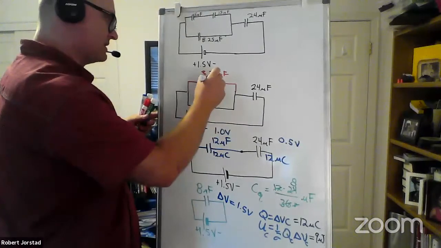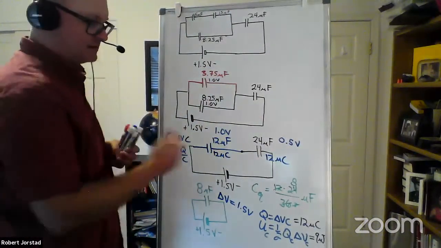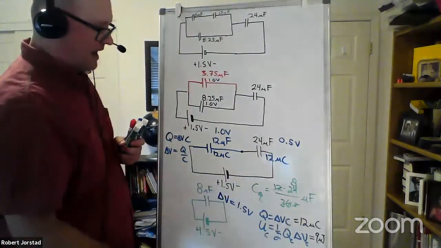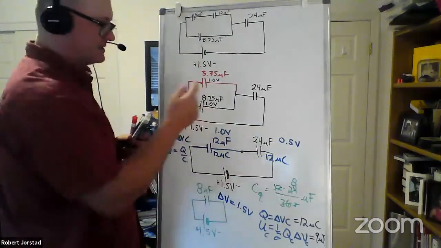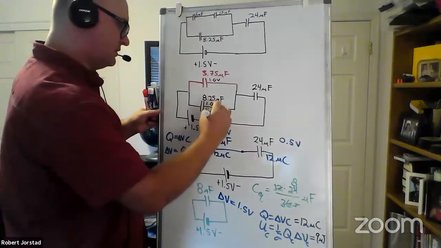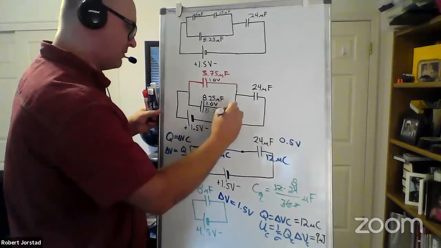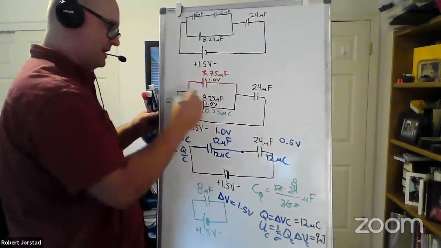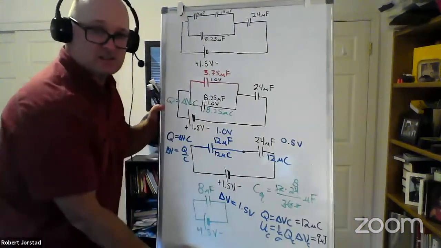So at this point right here, this one now I know is 1.0 volts. This is 1.0 volts. So that helps me figure out the charge on each of those. Well, since Q equals VC, I know that this is 1 volt. I know the capacitance, so this just tells me the charge on this one is 8.25 microcoulombs, and that's from Q equals delta V times C. Delta V is 1, and then I'm going to scoot this closer just in case.